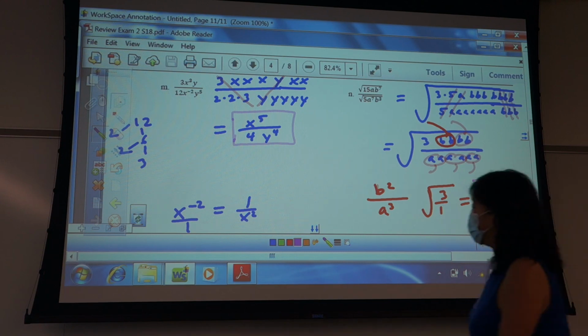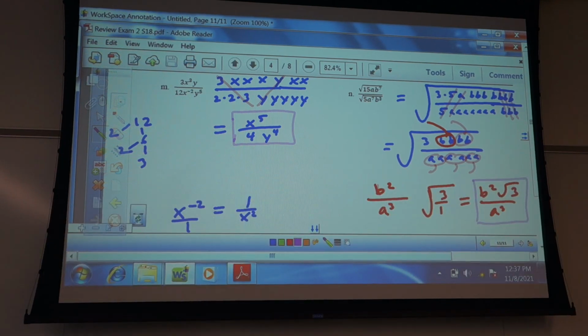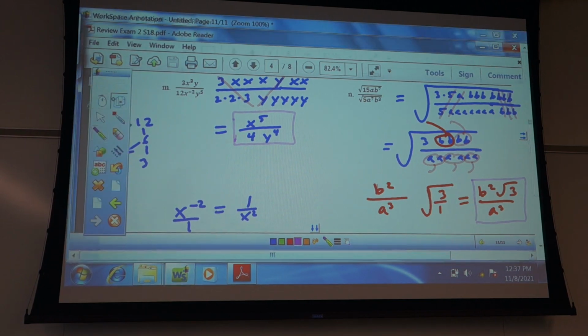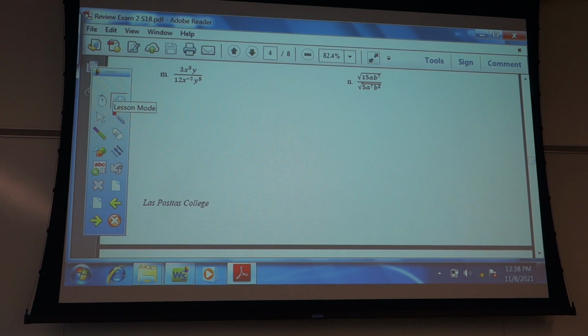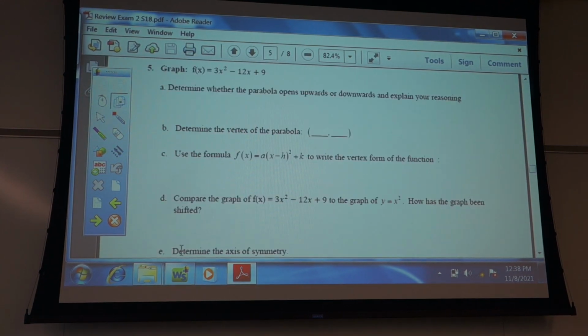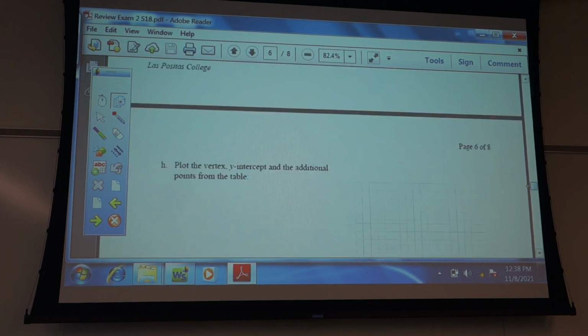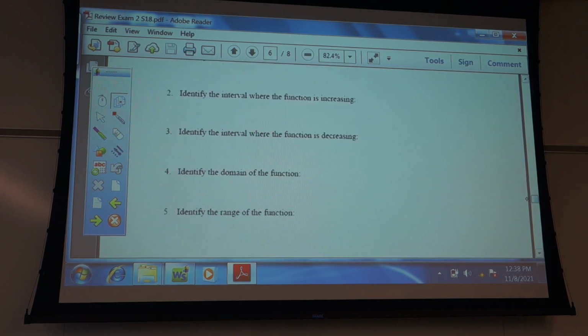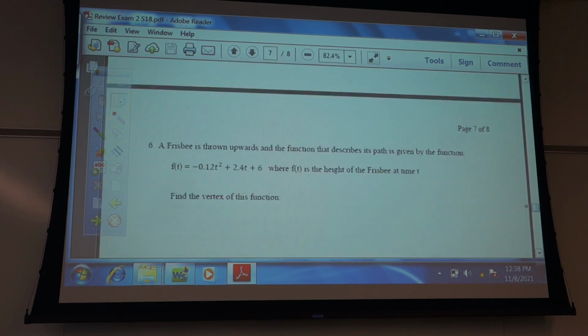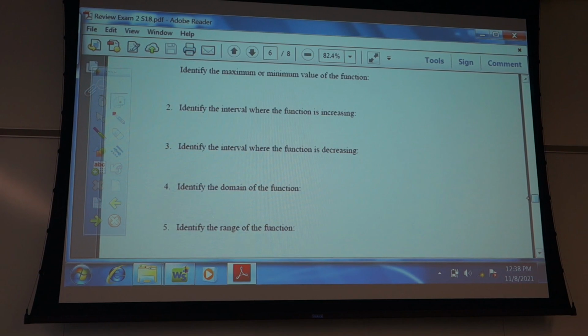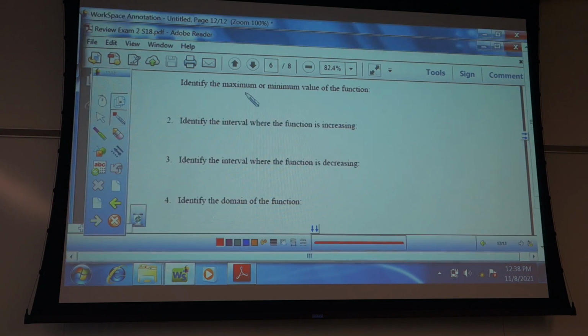Okay, so let's take a look at the next problem, number 6. So I should go back to number 5. Do you have this part on number 5?